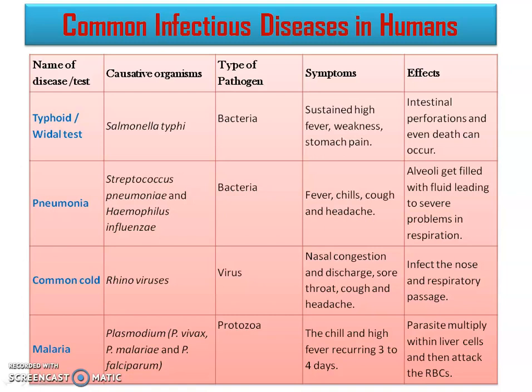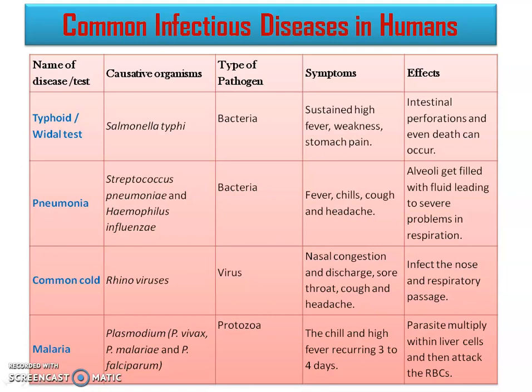Here, the alveoli or air sacs present within our lungs get filled with a fluid, as a result of which several severe problems are observed during respiration. That is, a person suffering from pneumonia faces difficulty while breathing.